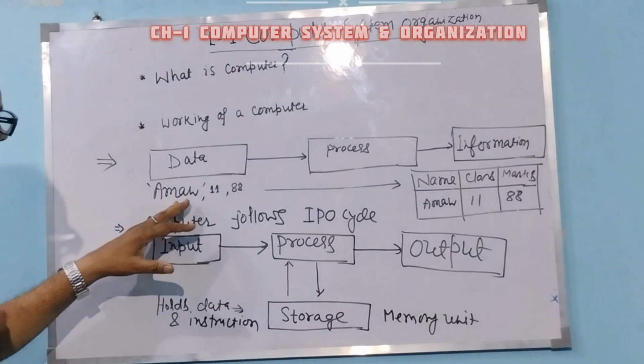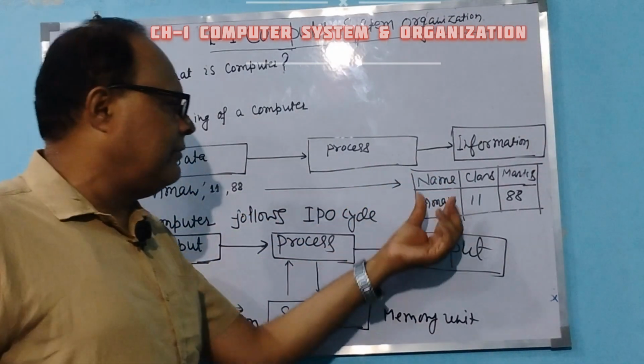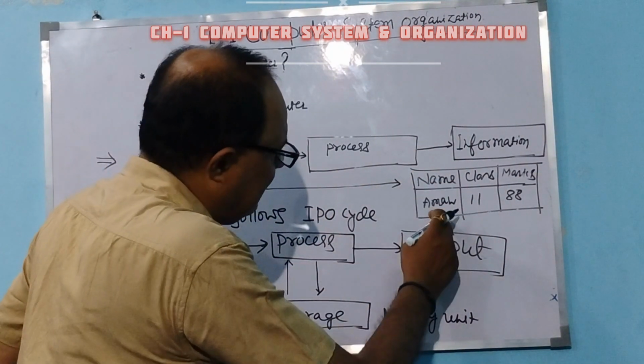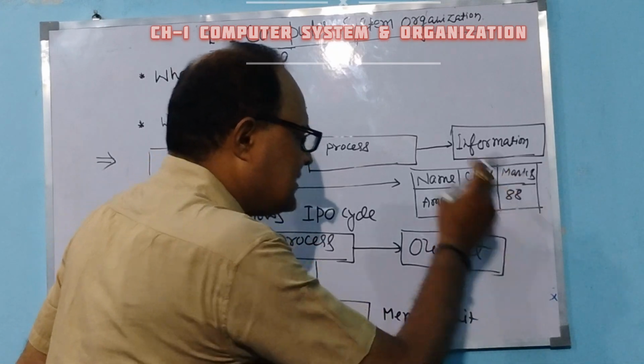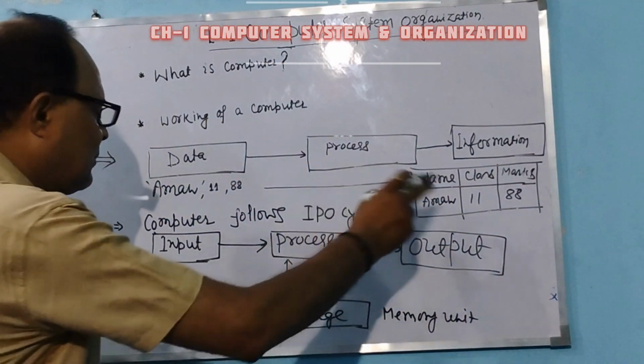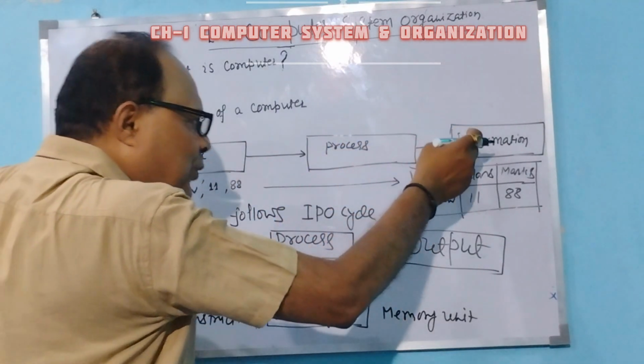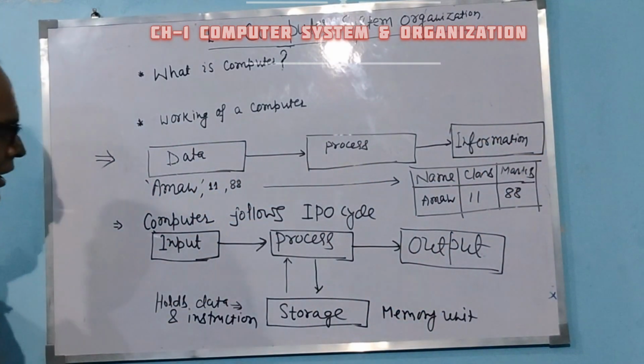It is not clear what this is. It is not complete information. After processing, whenever we write name Aman, class 11th and marks 88, it is complete information. So data after processing produces information.